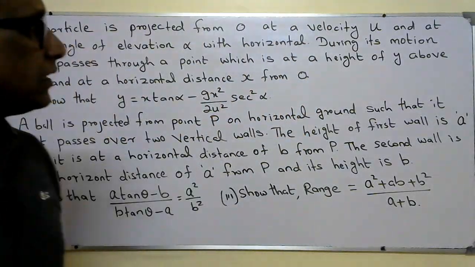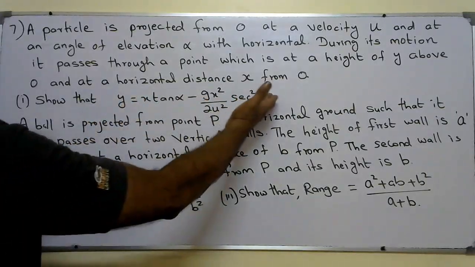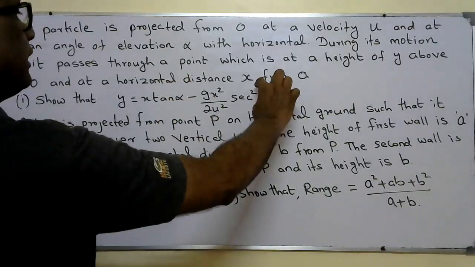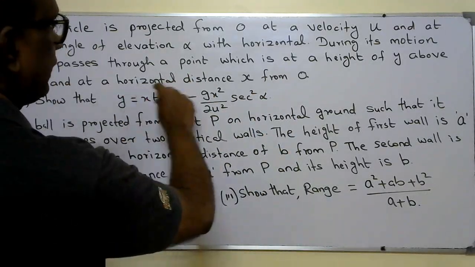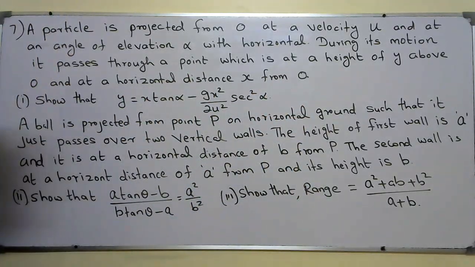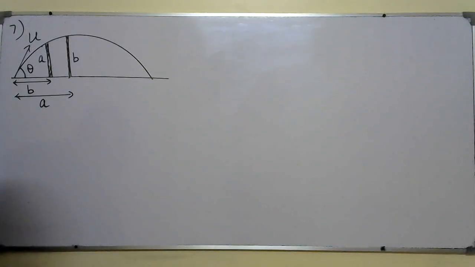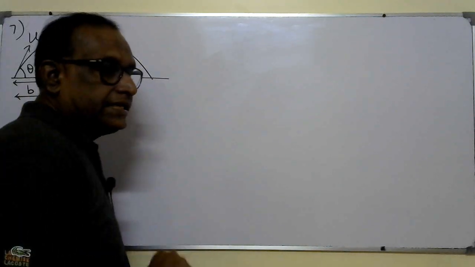Okay, so we'll start working, but I'm not doing the first part because all the textbooks have it. I'm going to use this expression for the second and third part. In that question, theta is the angle of elevation.